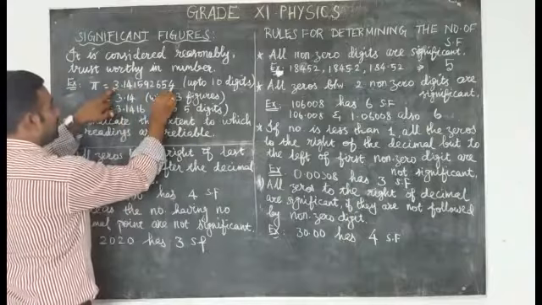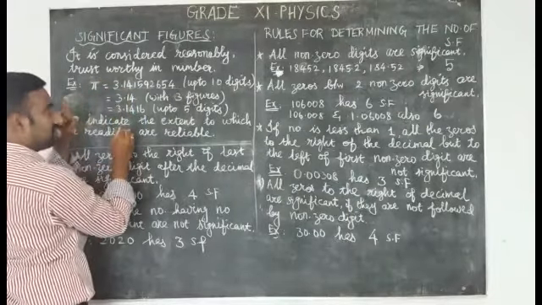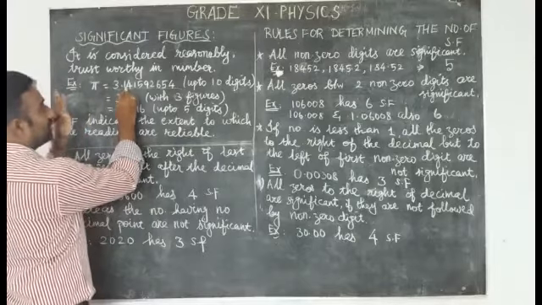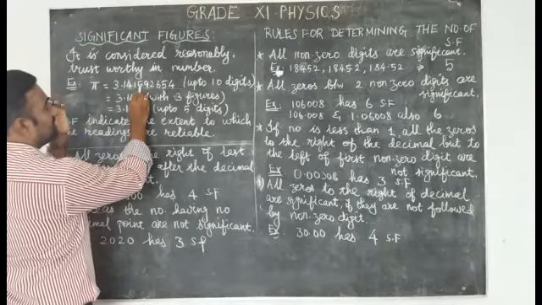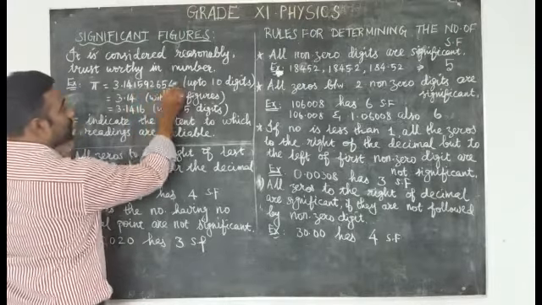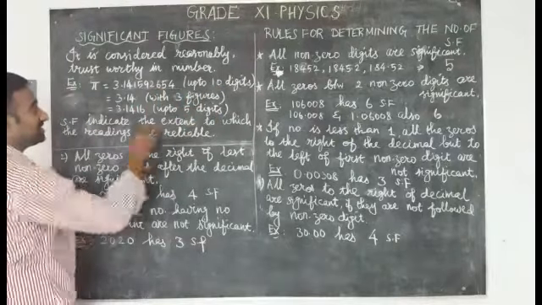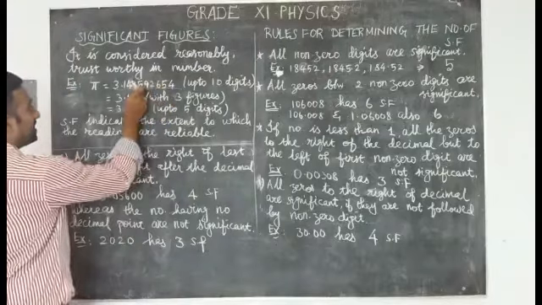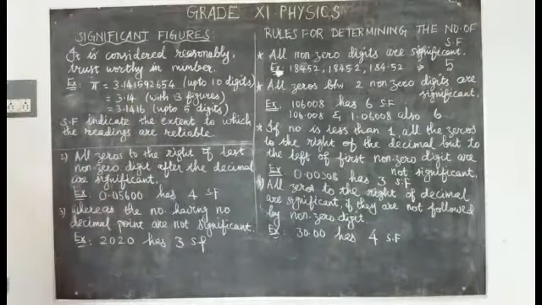These are the reliable numbers. So totally we have 10 digits. But in some cases, in the round of digits, we can eliminate and it comes to 3.14. So 3.14 has 3 figures.